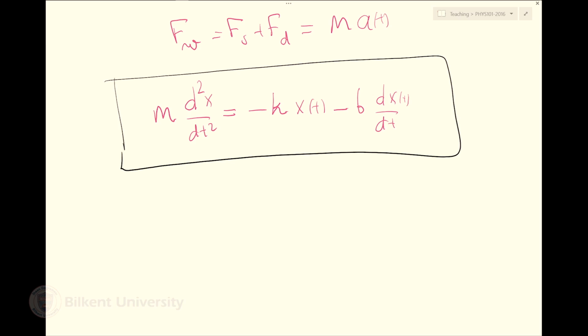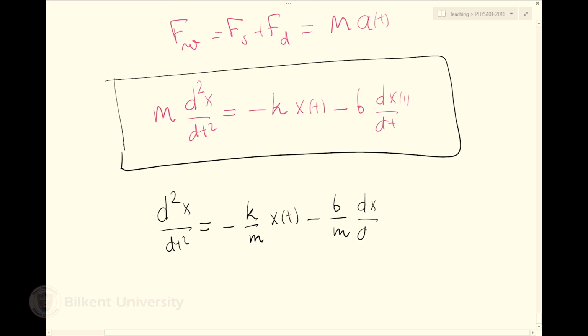So this is a harder differential equation to solve. Let me play around with it a little bit. So d square x dt square is going to be minus k over m x of t minus b over m dx dt.